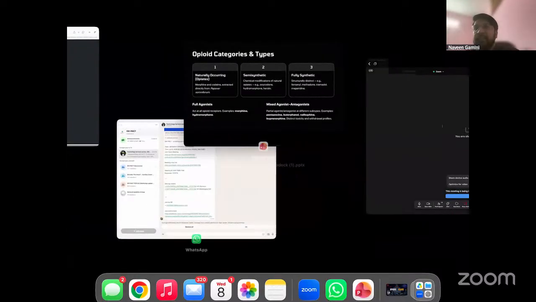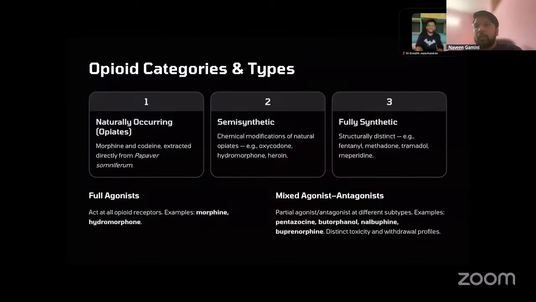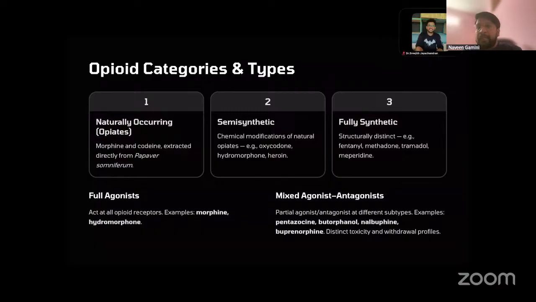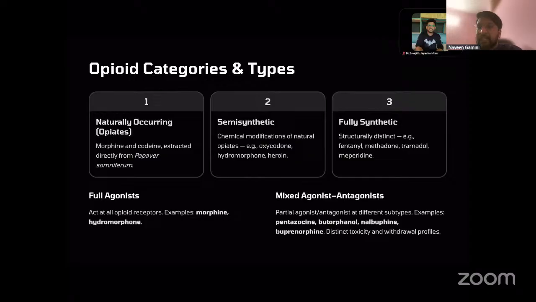The examples of the semi-synthetic are oxycodone, hydromorphone, and heroin. These are actually the chemical modifications of this naturally occurring. Whereas the fully synthetic are structurally distinct, and these are made in laboratories like fentanyl, methadone, tramadol, and meperidine. You need to understand that full agonists act at all the opioid receptors like the mu, kappa, and delta.